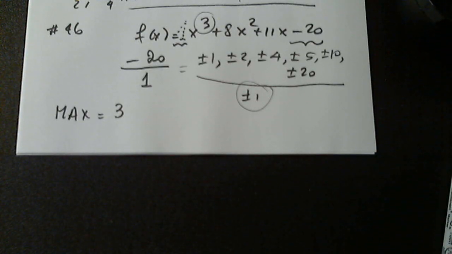If I don't find any zeros, then it doesn't have any rational zeros. So x cubed plus 8x squared, plus 11x, and minus 20. And then I go with second and table.